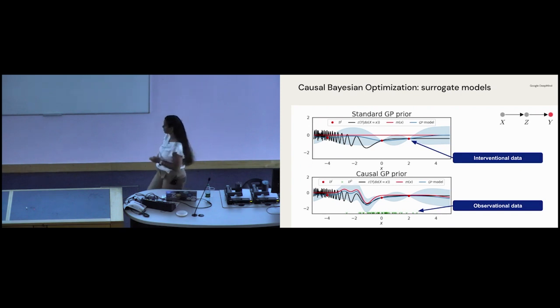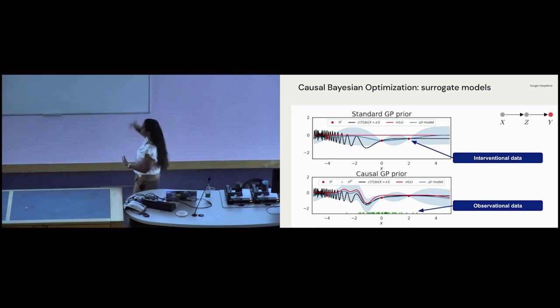Now, the black line gives you the ground truth function. So this is the true target effect of which you want to find out the minimum, while the red line and blue lines are giving you the prior mean and the posterior mean of the Gaussian process model that you put on your target function.